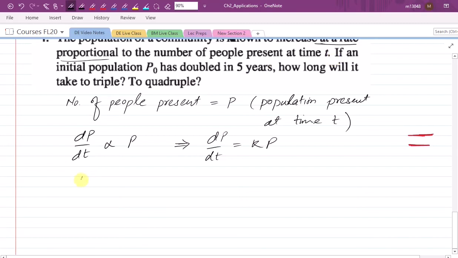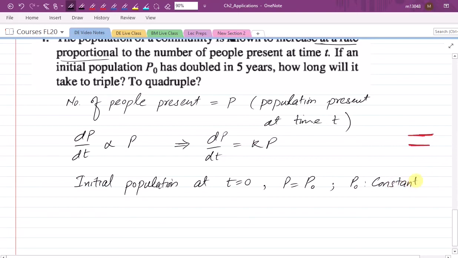Initial population means at t equals 0, the population was P naught. Note that P naught is a constant, and we will treat it as a known constant.